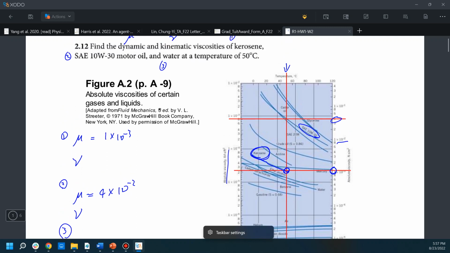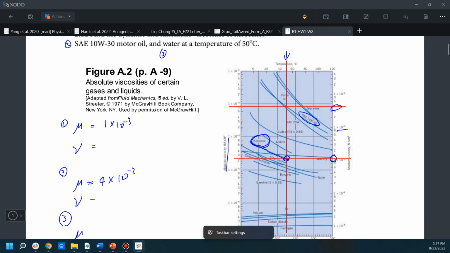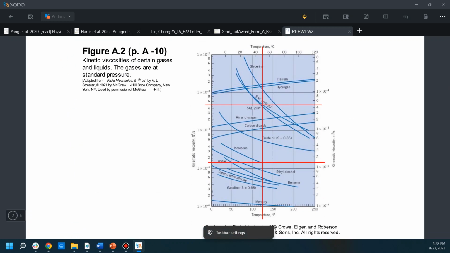For the kinematic viscosity, we follow a similar procedure, but using a different figure. This is the figure on page 10 in the appendix, and it is for the kinematic viscosity. You do the same thing for the kerosene and the motor oil. You draw the vertical line first, find the cross section, draw the horizontal line, and then read the corresponding value on the right hand side for the SI unit.